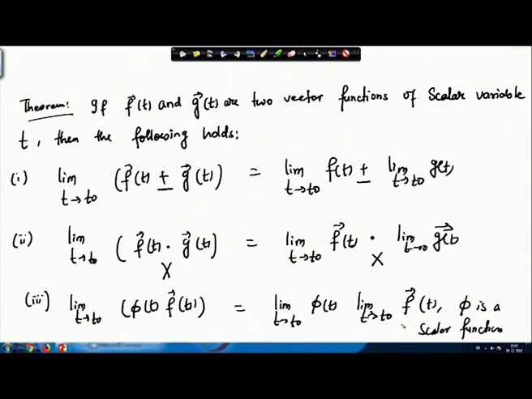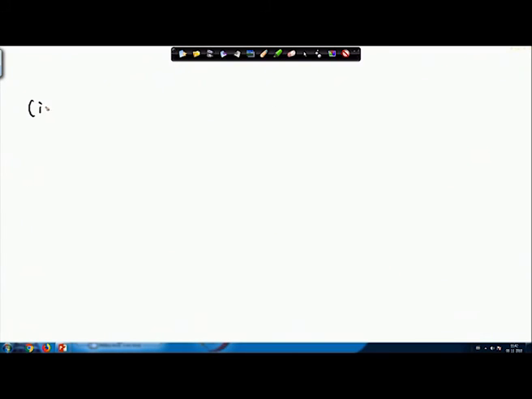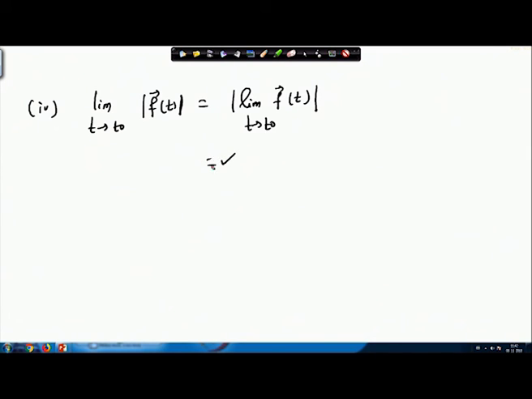And the fourth result is that the limit of the mod is equal to the mod of the limit. So, the limit of the absolute value is equal to the absolute value of the limit, whatever we get after calculation.